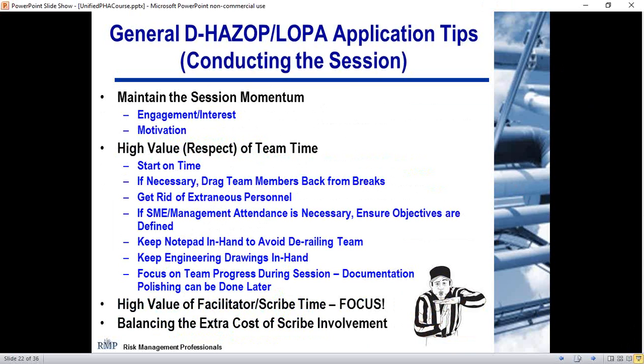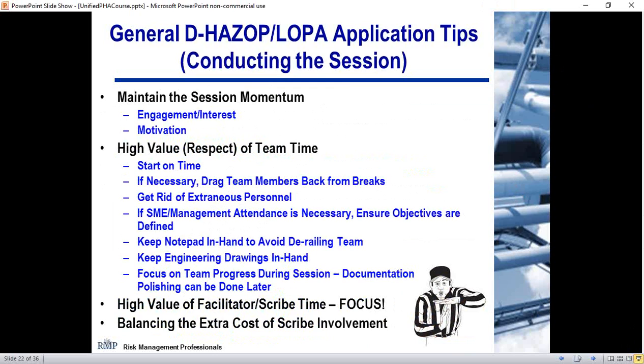You also want to make sure they're motivated. If somebody's there just to enjoy the coffee and snacks, get rid of them. Okay, they have to be motivated to want to do a good job. It's all about maintaining session momentum, which leads to good quality work. You want to basically have a lot of respect for team time. That's of fundamental importance for any HAZOP and LOPA facilitation.